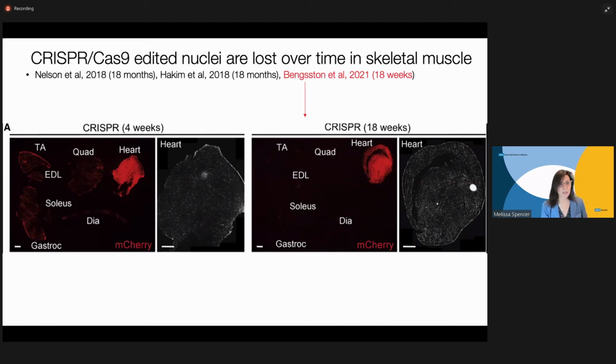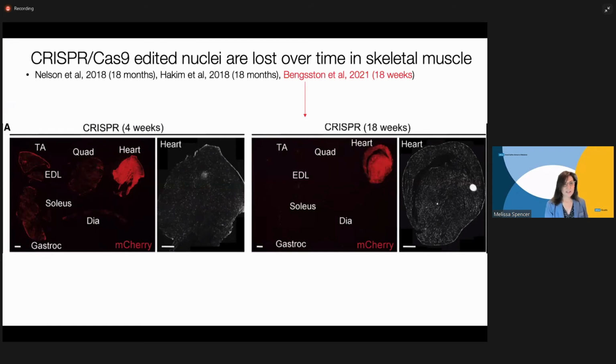We don't have all the reasons why, but we know that the heart is very well targeted. And so you have a lot of dystrophin there to begin. And maybe it's spared because you reach that threshold that protects the membrane, whereas you don't reach that threshold in skeletal muscle. After 18 weeks, you can see he's lost the dystrophin from many of the muscles, but he's actually increased the editing in the heart.